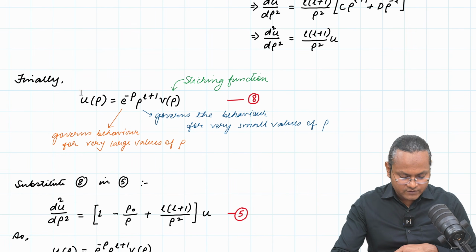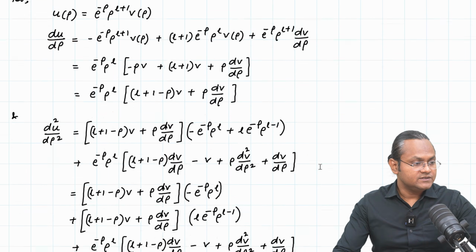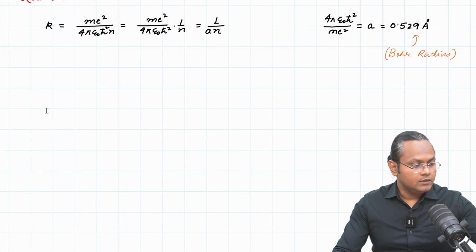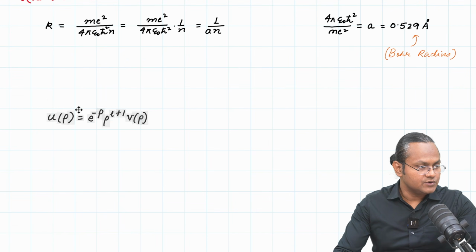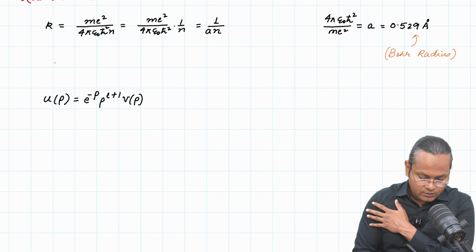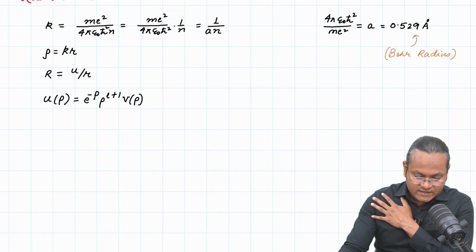So let's take all of them together to see finally what we can get. This will help us in constructing at least the ground state solution. Also rho equals kr, and R is equal to u upon r, where u is basically what we have solved in this particular manner.